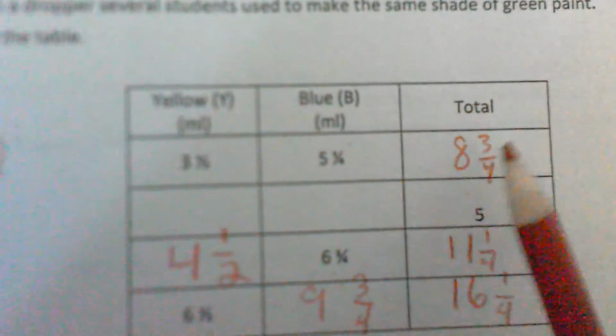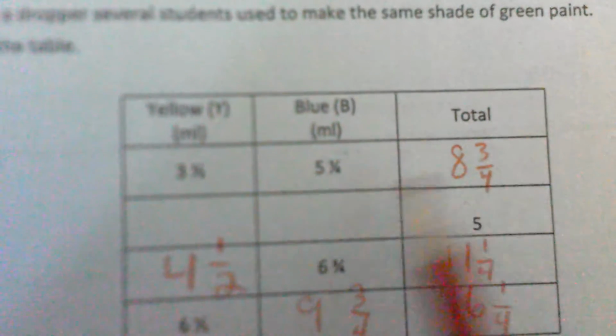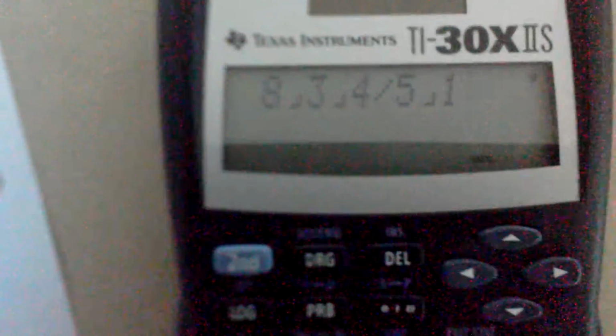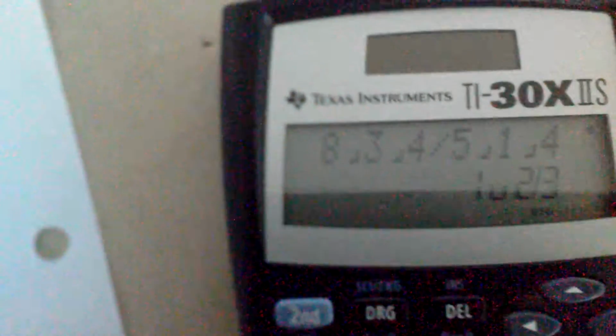So I'm going to take this number and I'm going to divide it by my blue. So I have 8 3/4, and I'm going to divide that by 5 1/4. I get 1 2/3.